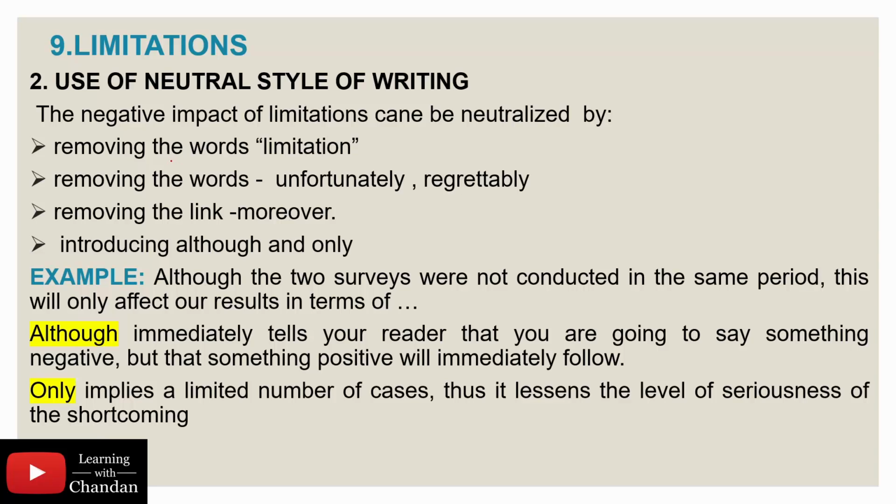Make sure that you do not use the word limitation excessively. Also, words like unfortunately and regrettably can be omitted while proofreading. The linking word moreover only adds to the impact of the limitation, which can be removed while proofreading.